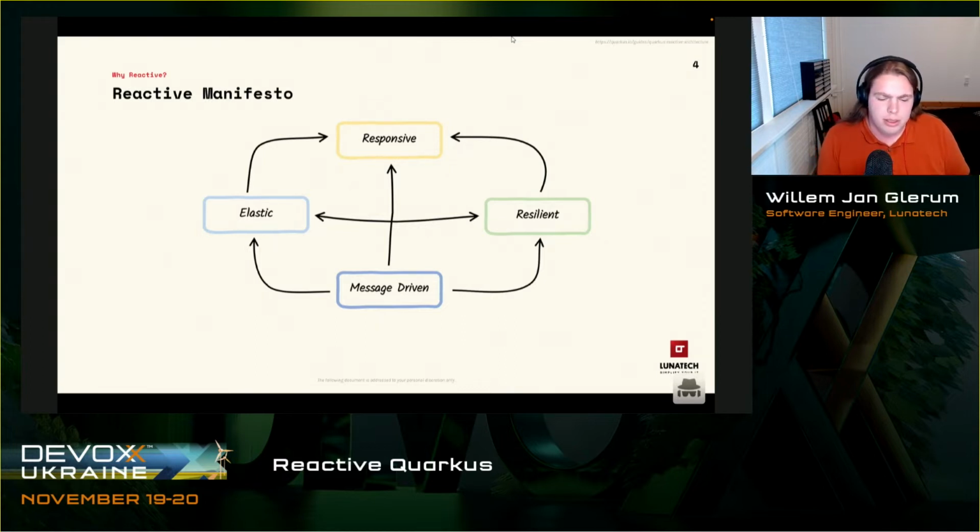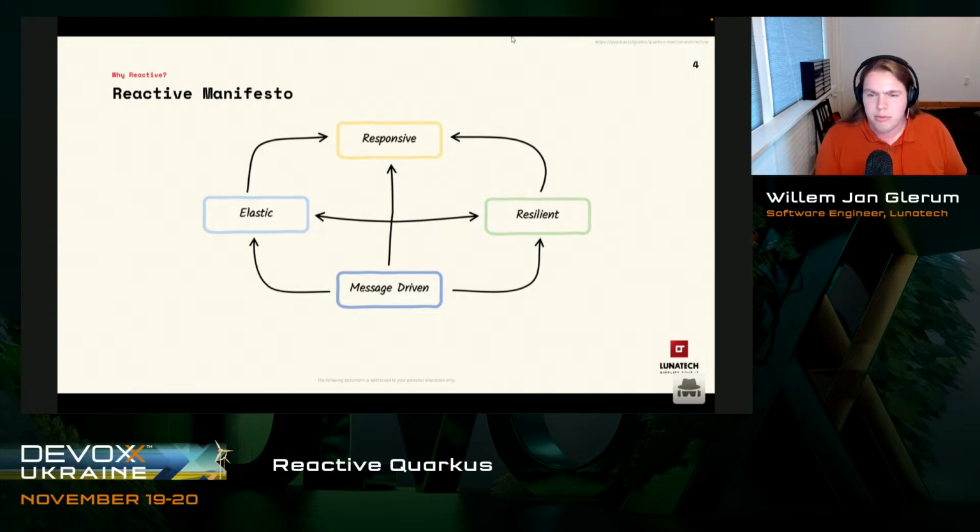We've got 4 pillars here. On the bottom, we have message driven. Everything in a reactive system should be message driven. Everything interacts with messages, so even a failure will be a message, for example. Then we come to elasticity. They adapt themselves to the fluctuating load, depending on how many users or requests you have. They also have to be resilient.